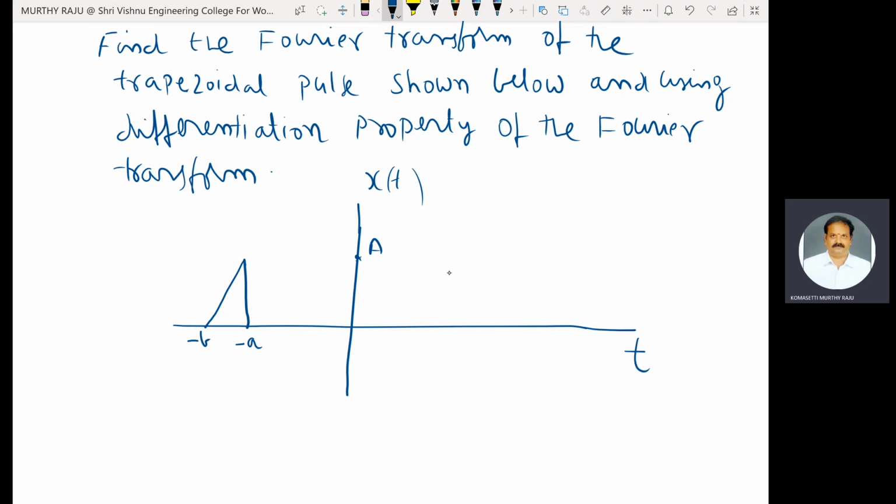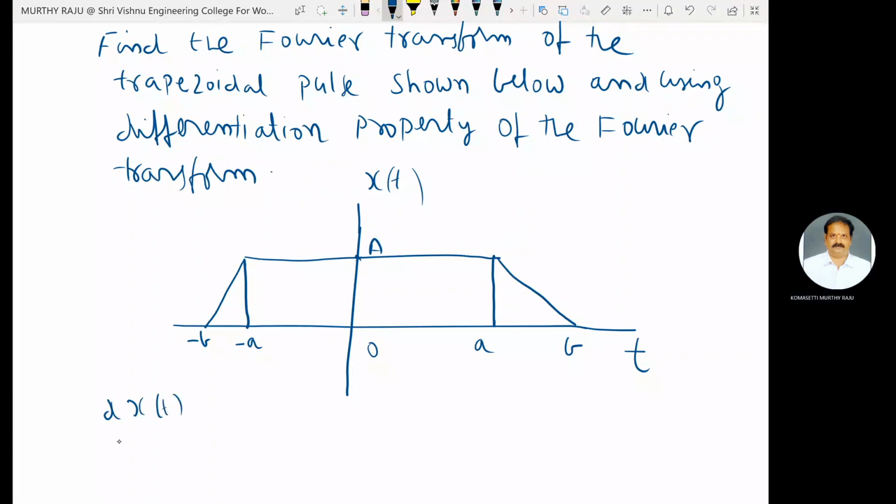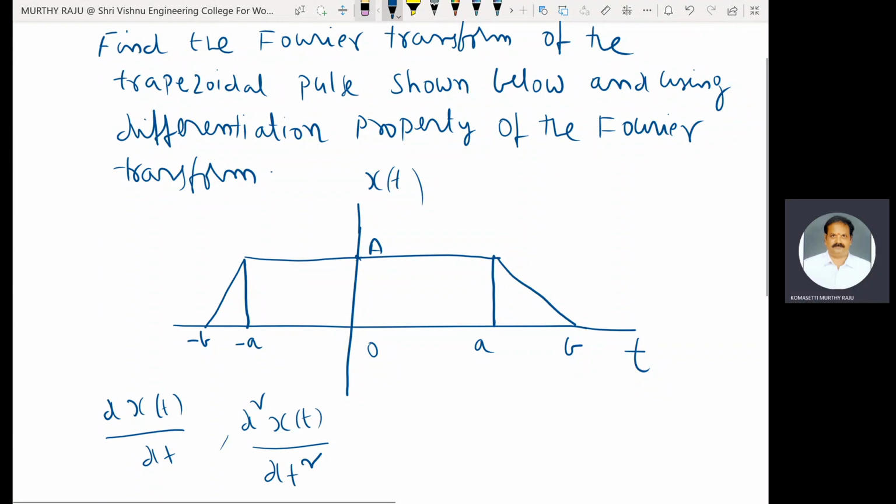Differentiation property means dx(t)/dt, the first differentiation, and d squared x(t)/dt squared, the second differentiation. This waveform is divided into three regions. This is region 1. Constant A is region 2.